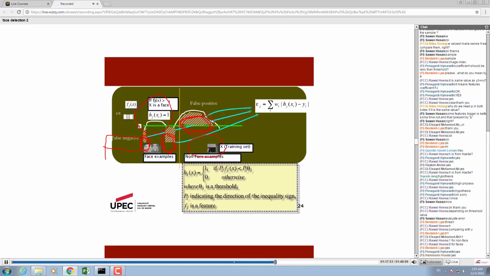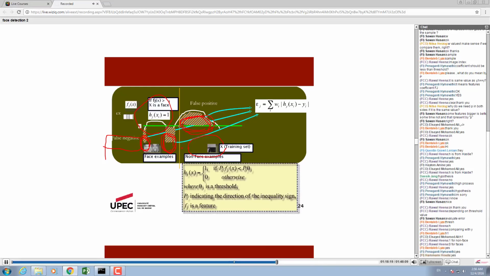The classifier is saying, oh, these samples are faces. It's wrong. So false positive. The classifier is saying positive, or this is a face, but this answer is wrong. So this is a false positive.